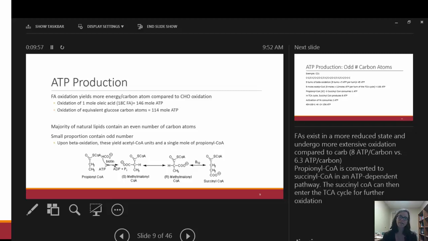But then at the end, we have a 3-carbon unit left, which is propionyl-CoA. And we've talked about that in the class earlier on, okay? So this propionyl-CoA can then be converted to succinyl-CoA in an ATP-dependent pathway. So it uses one ATP to get to the succinyl-CoA. But then the succinyl-CoA can go into the TCA cycle for oxidation.